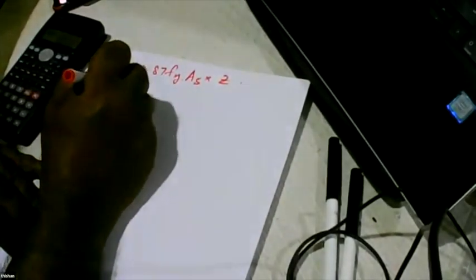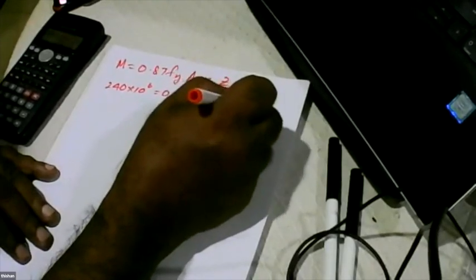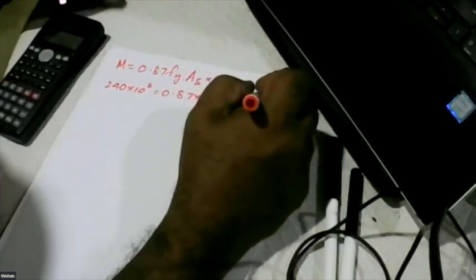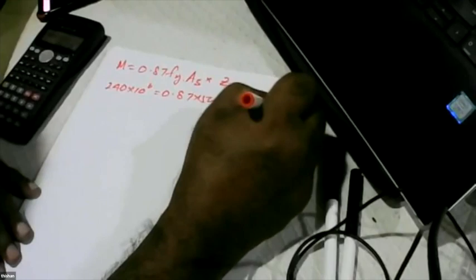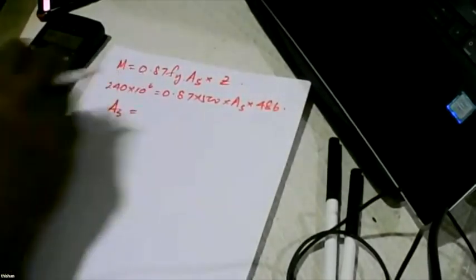Now we can find the reinforcement. M is equal to 0.87 FYK AS multiplied by Z, and M is 240 into 10 to the power 6, which is equal to 0.87 into 500 into AS multiplied by 486 millimeters. From this you can find the area of steel.